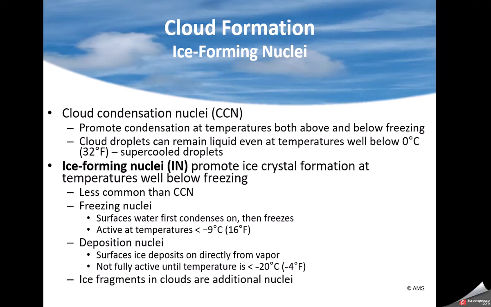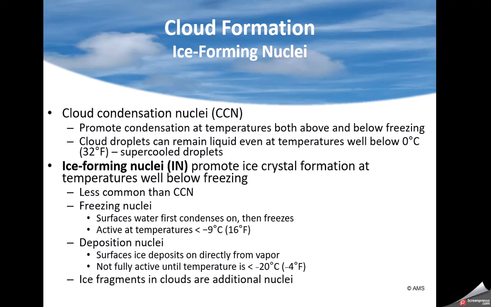Now that we've got cloud droplets, we have another issue. Guess what? These cloud droplets are real tiny, and they're vibrating a lot with kinetic energy. We've already learned that with kinetic energy, the freezing point is a little bit lower. So it becomes really difficult for these cloud droplets to freeze. They don't like to freeze.